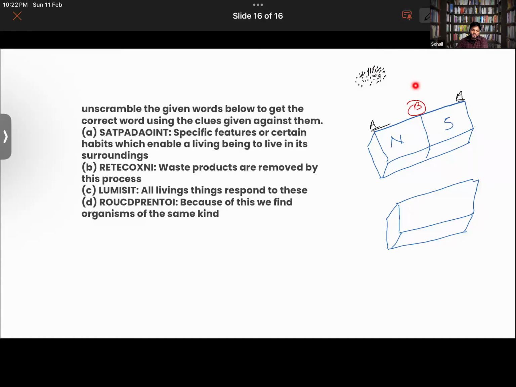What you will be observing is that an equal amount of iron filings will be getting attracted to the north pole and to the south pole also. Thereby it simply means that the strength of the north pole and the south pole of the magnet are the same. That is what I'm trying to say. Okay, no?